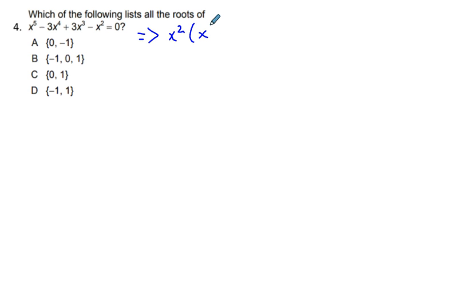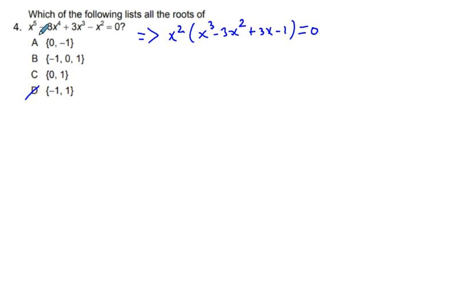So you have x squared times (x to the 3rd power minus 3x squared plus 3x minus 1) is equal to 0. And so now you know that 0 is a root. Any answer choice that does not have 0 as a root is a wrong answer. B is a wrong answer.